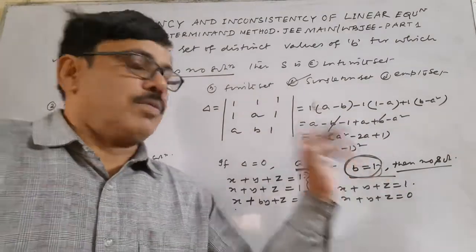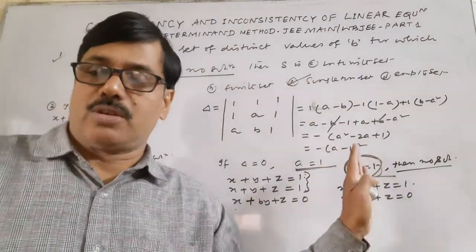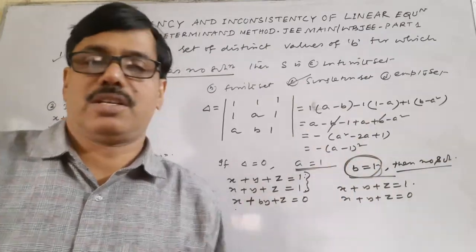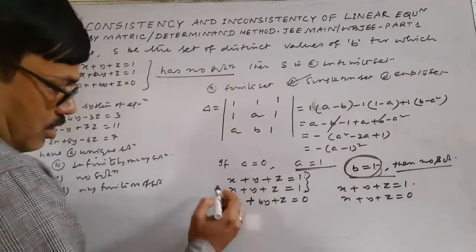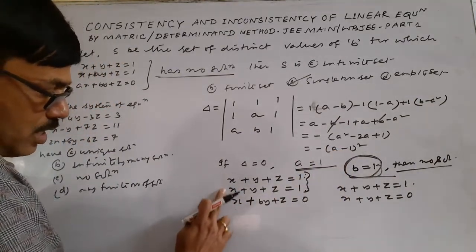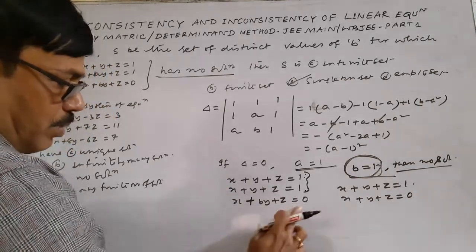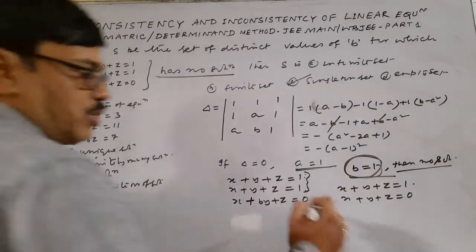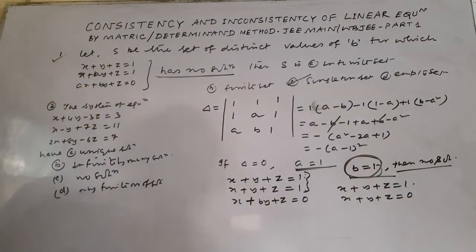Delta equals (a minus 1) whole square. If a not equal to 1, then unique solution, so this case is not possible. So if a equals 1, the equations reduce to this. These two equations are the same. And if b equals 1, they represent parallel planes. So no solution for b equals 1.